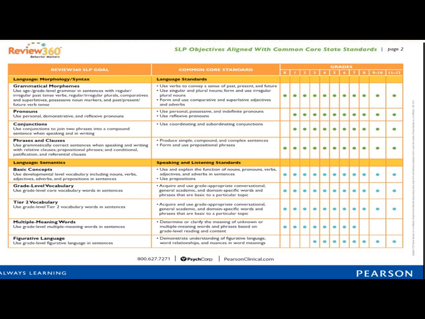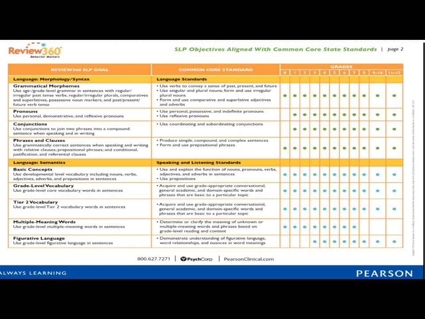By way of an example, look at tier 2 vocabulary. Students are expected to acquire and use grade-appropriate conversational, general academic, and domain-specific words and phrases that are basic to a particular topic.